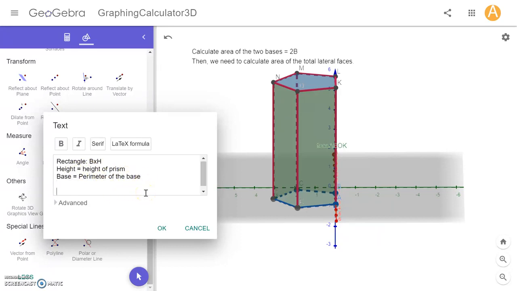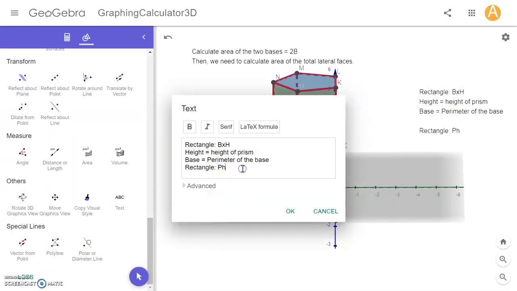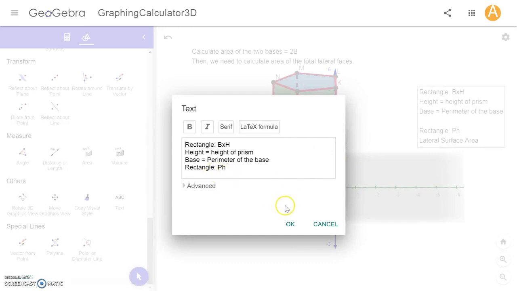So I can calculate my rectangle as P times H. And this right here is our lateral surface area, because it's the area of the lateral faces.